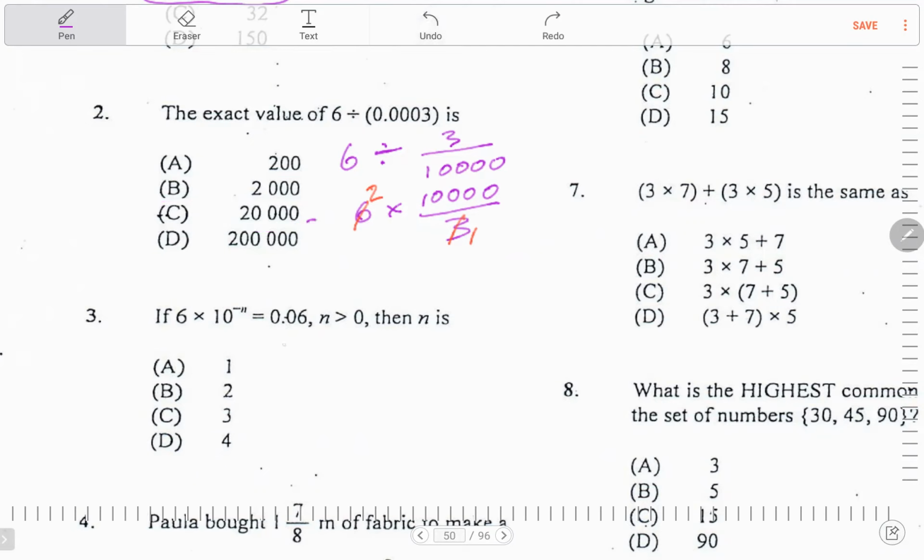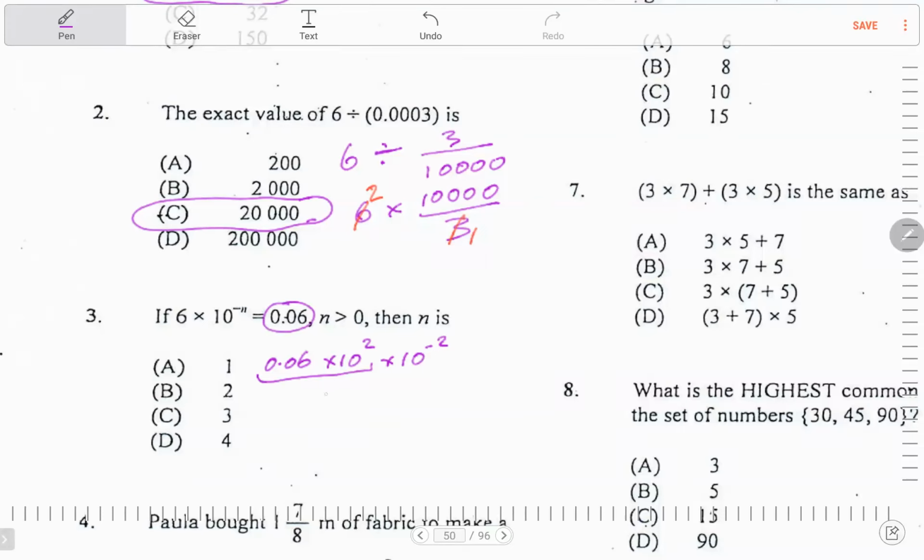We're going to move the decimal point of 0.06 by multiplying it by 10 squared. And then to cancel the 10 squared we multiplied by, we're going to multiply by 10 to the minus 2. This part of the calculation will move the decimal point for us. I'm basically trying to adjust this value into standard form.